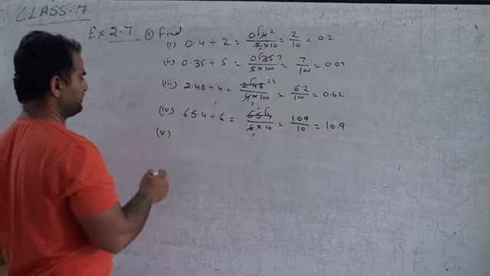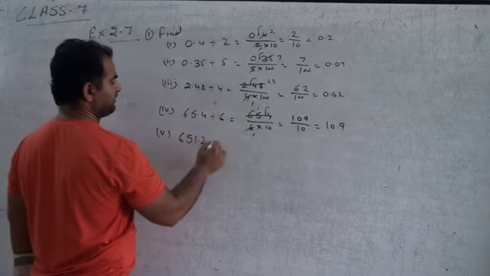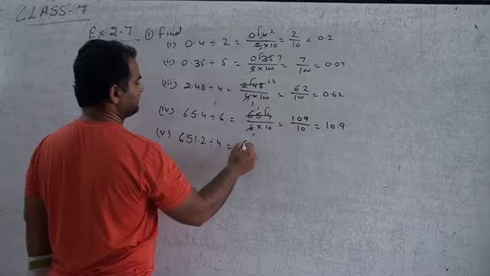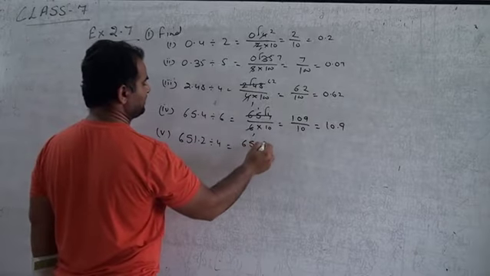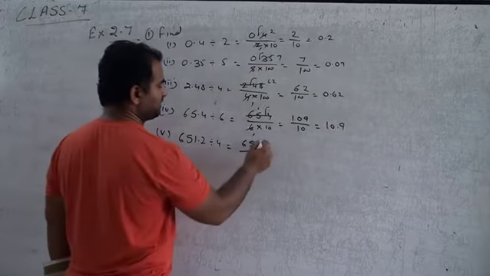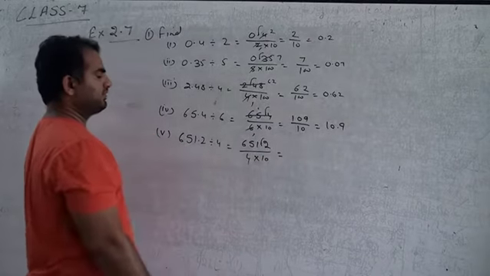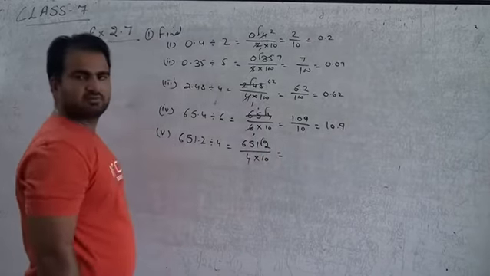Question number 5th is 651.2 divided by 4, or we can write 651.2 upon 4. When we remove this decimal, it will give us 10. What we have to do is divide this whole number by 4.